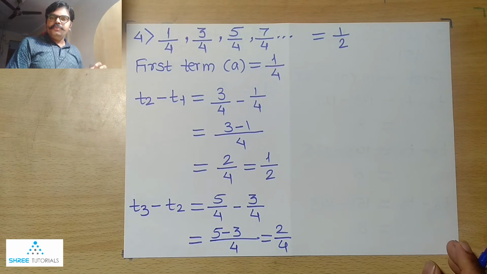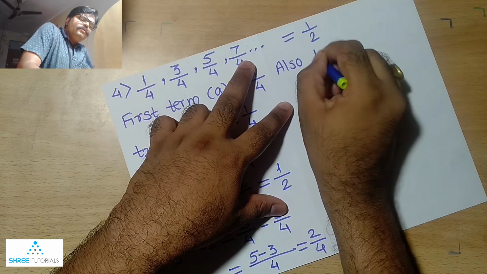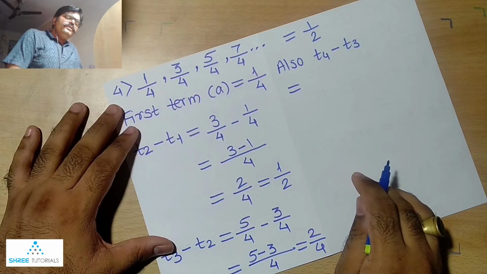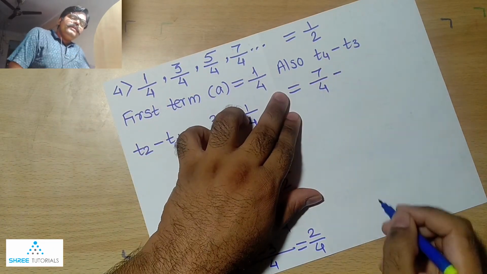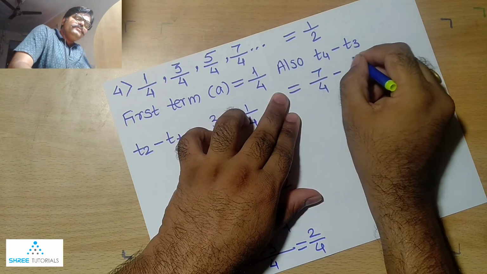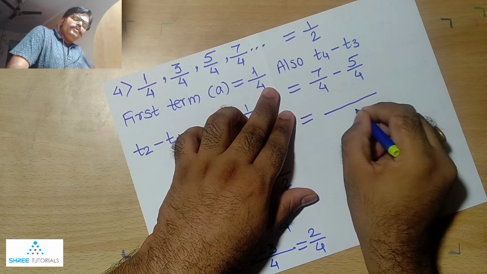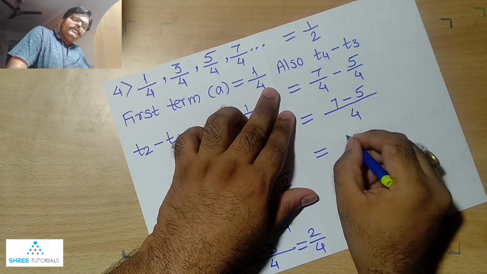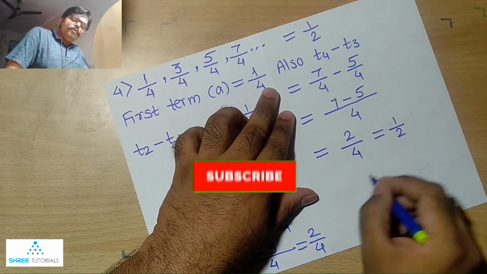Once we are done with T3 minus T2, the next thing we are going to do is T4 minus T3. What was the value they have given for T4? That was 7 divided by 4. Now 7 divided by 4 minus T3, that means 5 divided by 4. The denominator I am taking common over here, that means 7 minus 5. So 7 minus 5 can be equated with 2 divided by 4, that means 1 upon 2.